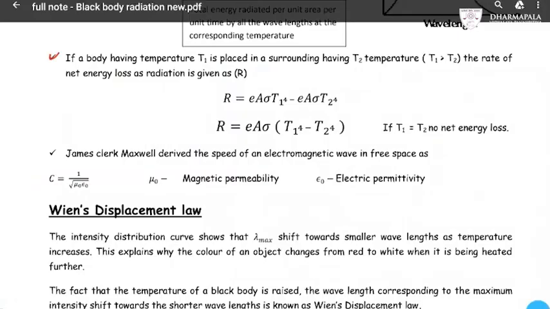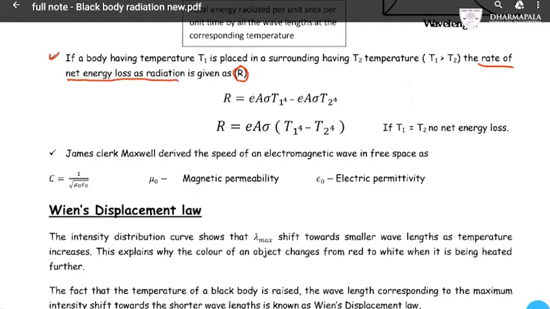The next one says, if a body having temperature T1 is placed in a surrounding having temperature T2, and T1 is greater than T2, the rate of net energy loss as radiation is given by R. So what is R? R is the rate of net energy loss as radiation, the rate of radiation loss.